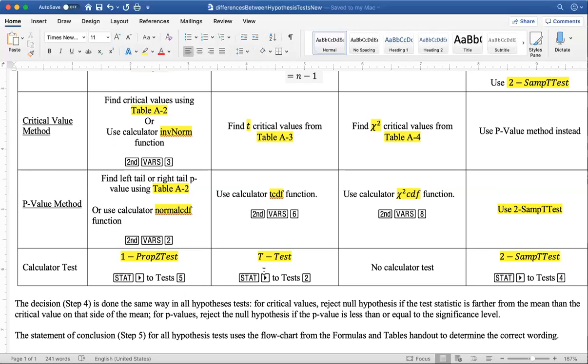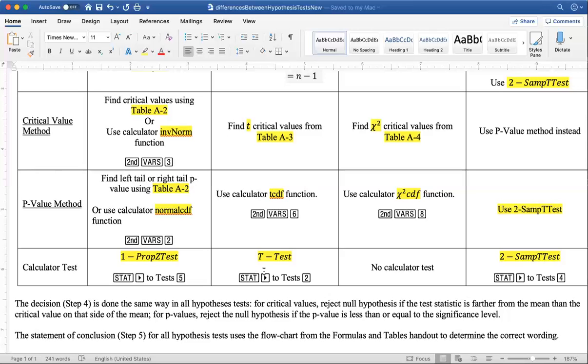For the t-test, or test of mean, it's the T-Test, which is number 2. Again, it's stat, right arrow to test, number 2. And again, you're going to put in the assumed value for the mean that comes from H0. And you're going to put in the sample information: sample mean, sample standard deviation, and sample size. And you're going to identify the relationship in the alternate hypothesis.